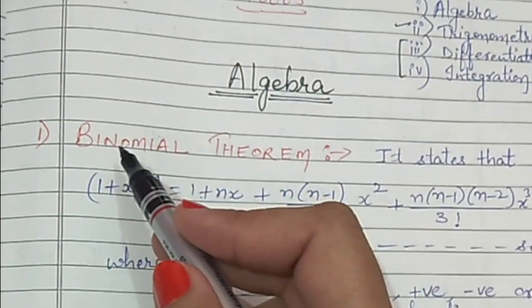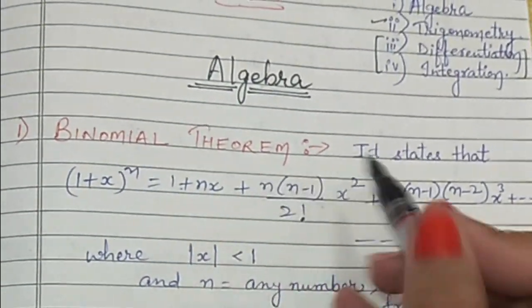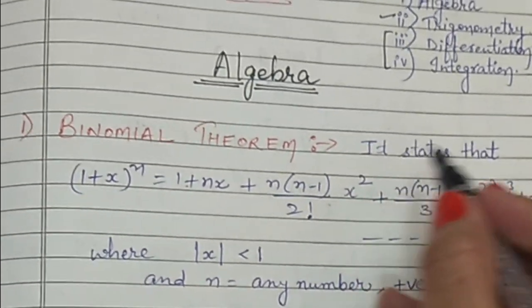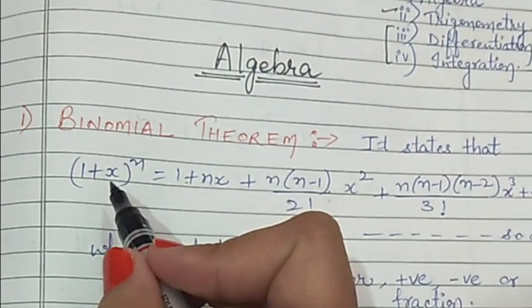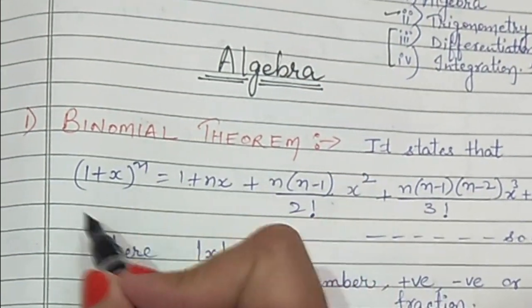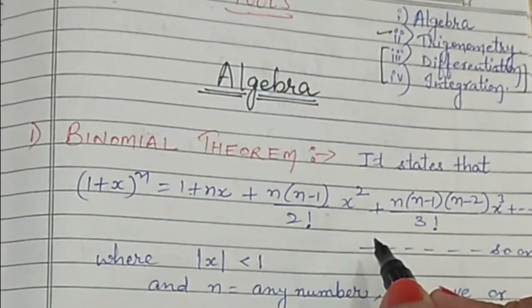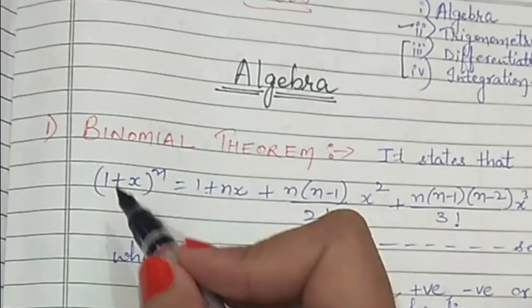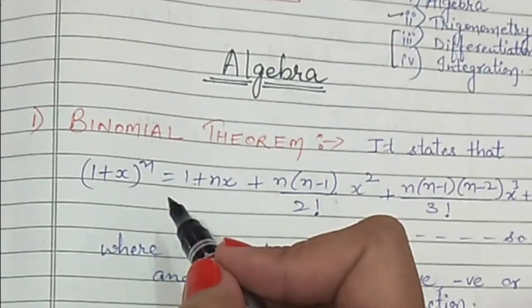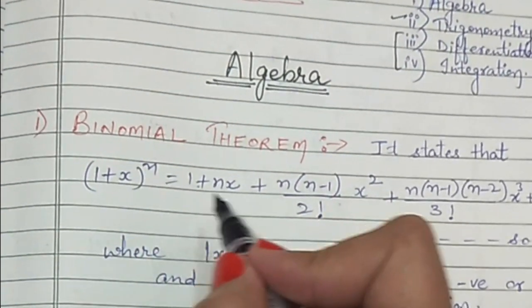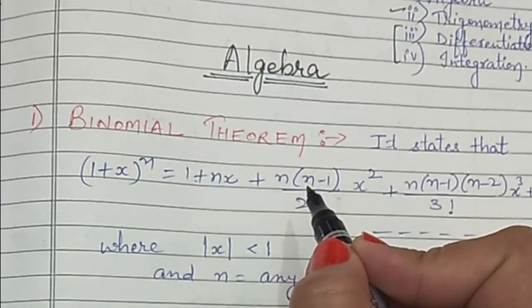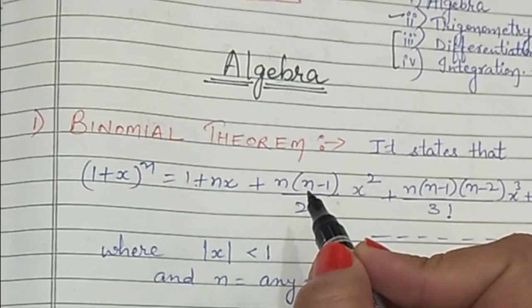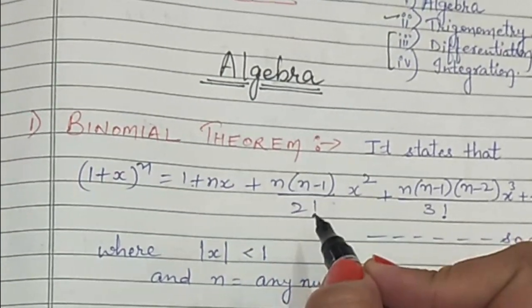This is called the binomial theorem. What is this? It states that I am using here (1 + x) raised to power n. This statement is called the binomial theorem, (1 + x)^n. And it states that it equals 1 plus n into x plus n into (n minus 1), one term decreased, divided by 2 factorial.